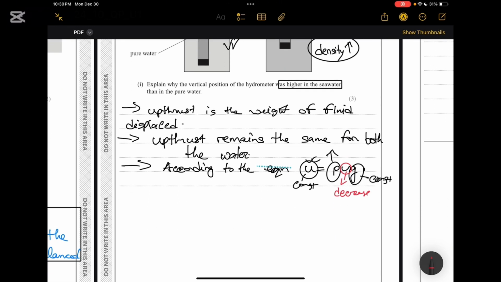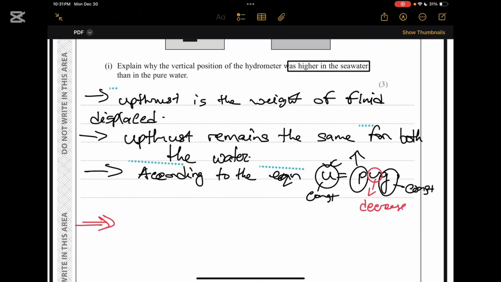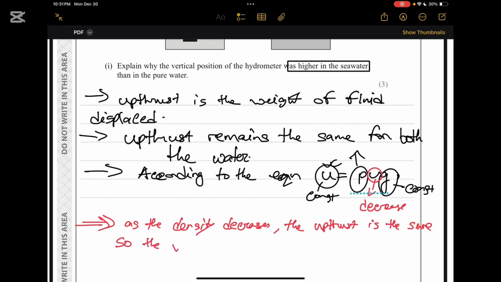So we can write it down in our own words that as the density increases, the upthrust is the same, so the volume must decrease.